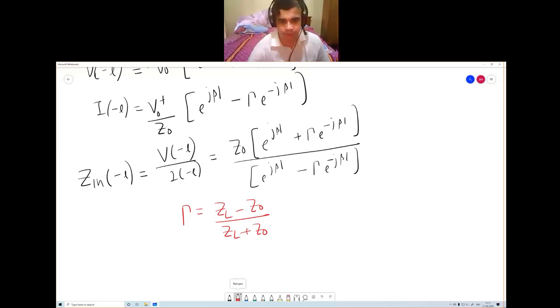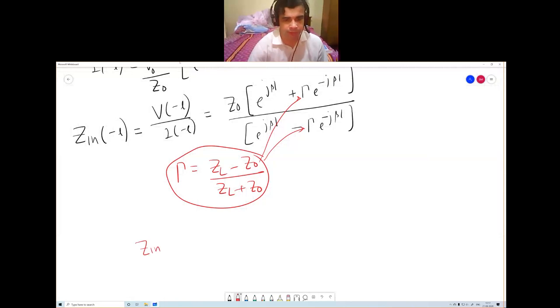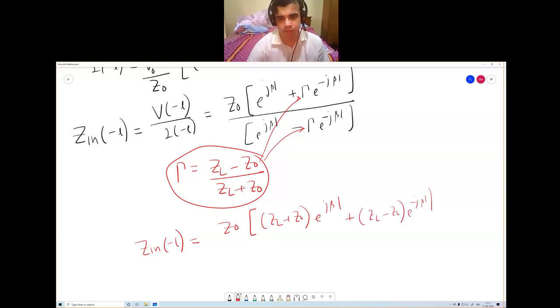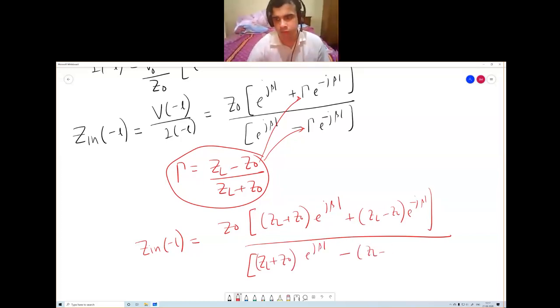So let us replace this value here, and if we do that, our equation becomes Zin at minus L equal to Z0 times ZL plus Z0 e to the power of j beta L plus ZL minus Z0 e to the power of minus j beta L, over ZL plus Z0 e to the power of j beta L minus ZL minus Z0 e to the power of minus j beta L. Is this step okay?